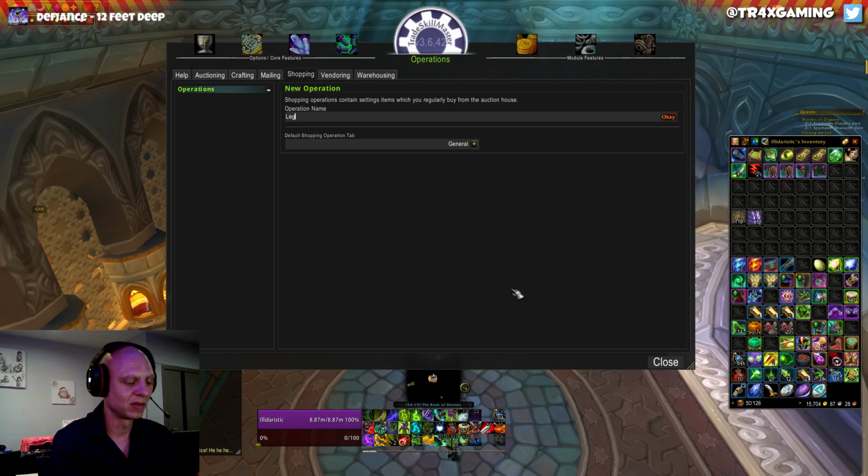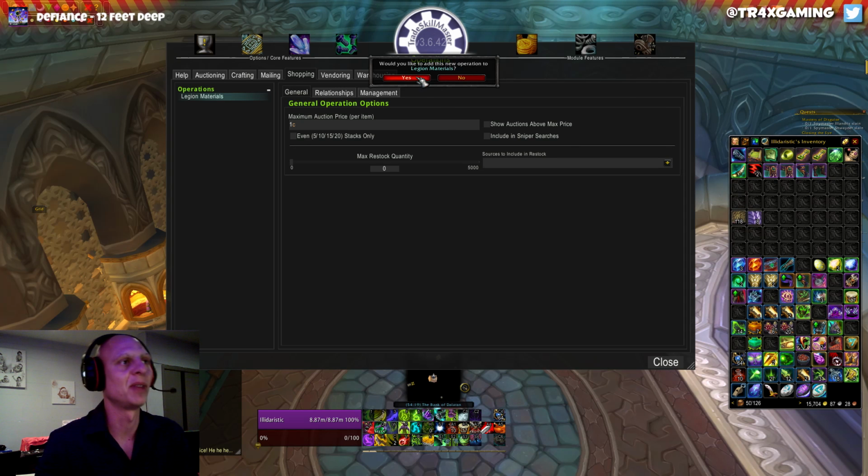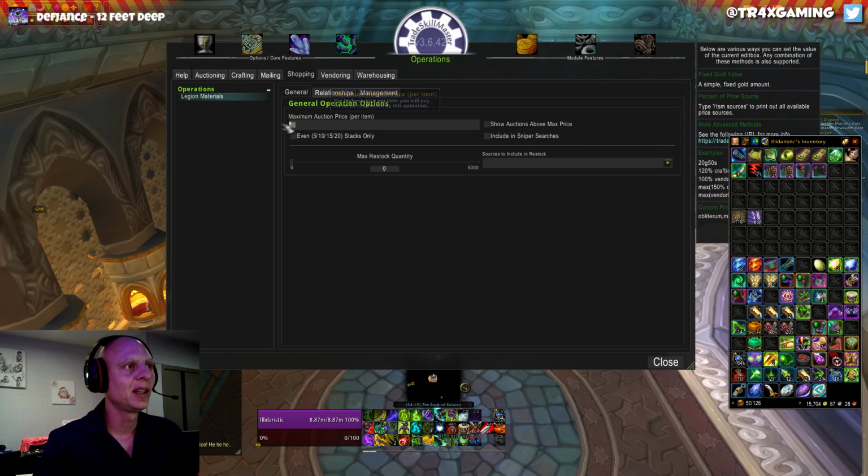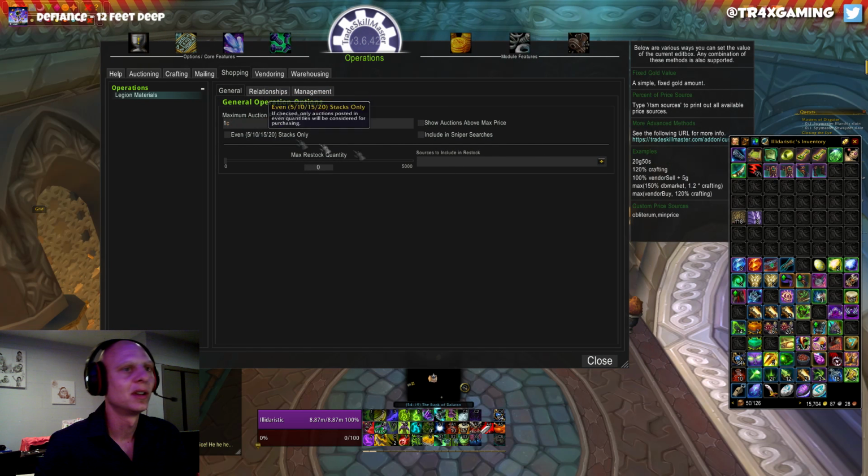You're going to say, let's call it Legion Materials, because that's where we're making it. And then let's say, what are we going to show? So you could do the same thing. They have examples, and what we could do, maximum auction price. Let's say you want to get everything on the auction house which says maximum auction price, let's say DB market.